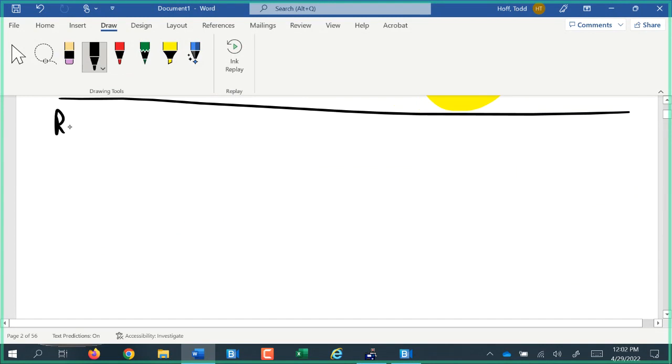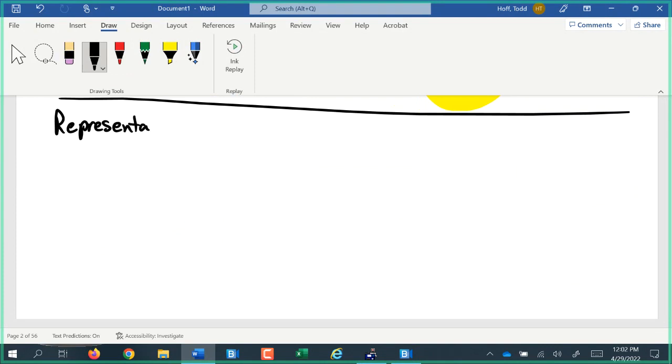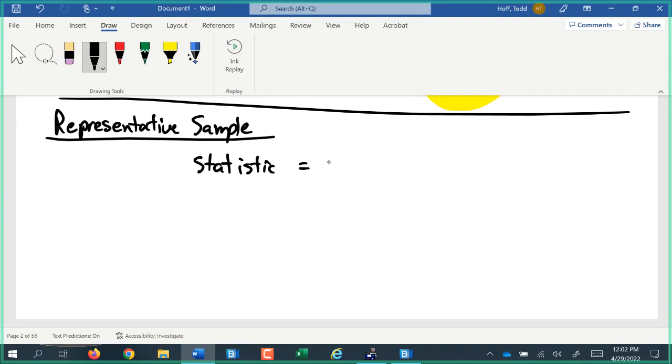So we brought up the term representative sample. And the representative sample meant that our sample statistics were equal to the population parameters.